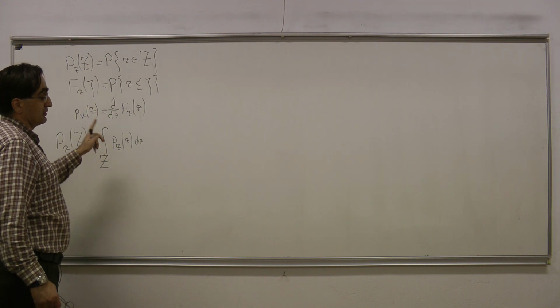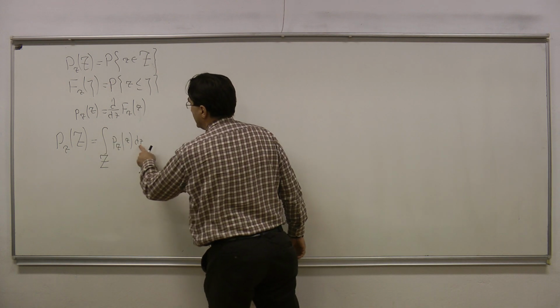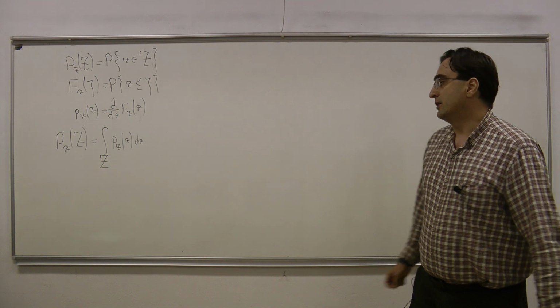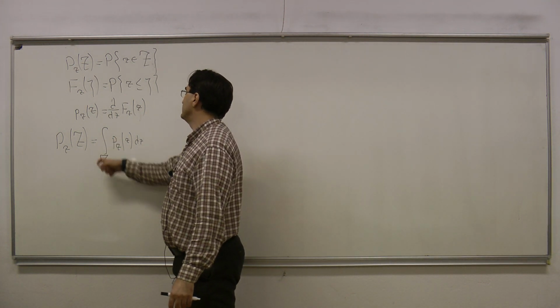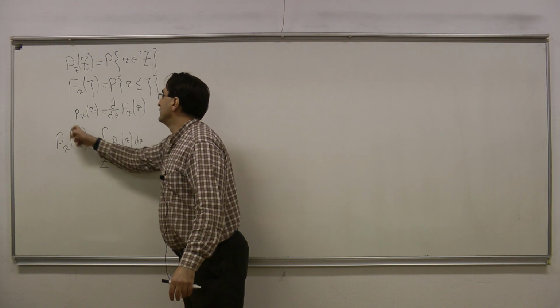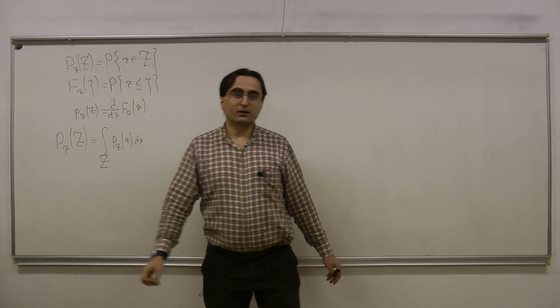Okay, so there are multiple integrals here because Z has many variables in it. It's a vector, and that means that I need to integrate the density function over this subset to calculate the probability of Z being in that subset.